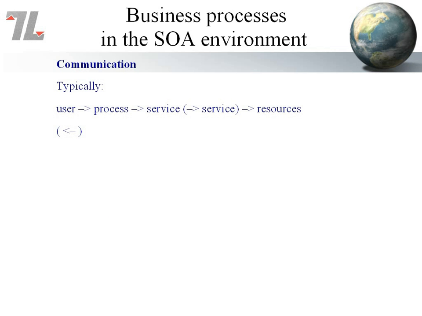The process manager calls different services that may access certain resources, possibly through other services. These resources can be either databases or traditional so-called legacy applications, but also hardware components, for example exchange rate displays, customer orientation systems, or automated teller machines.